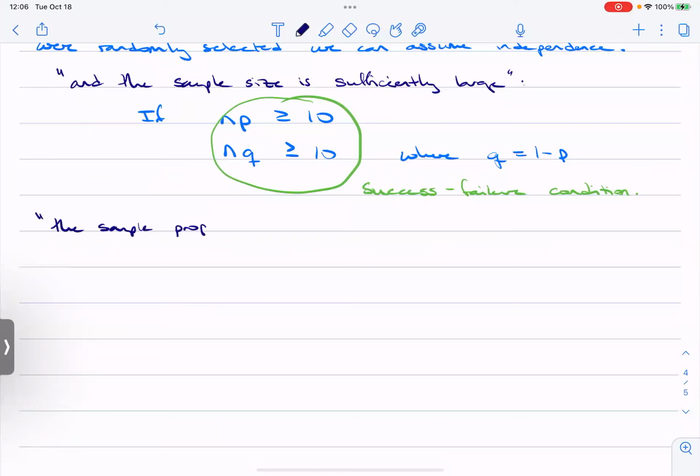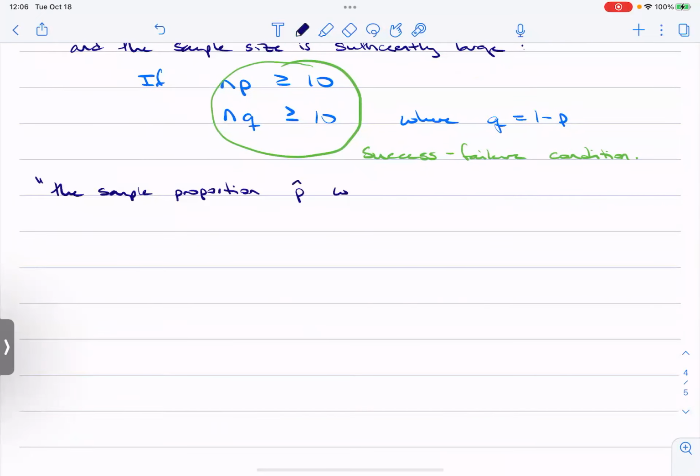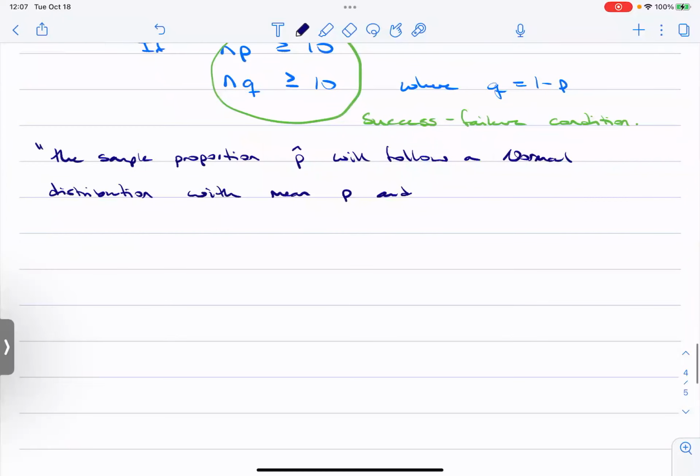The sample proportion p hat will follow a normal distribution. I guess it says tend to, but that's okay. With mean p and standard error root pq over n.